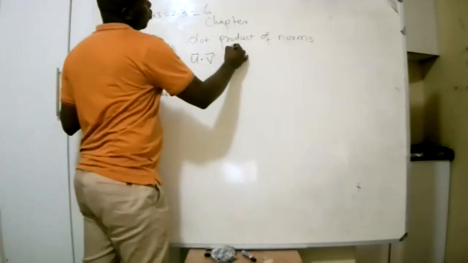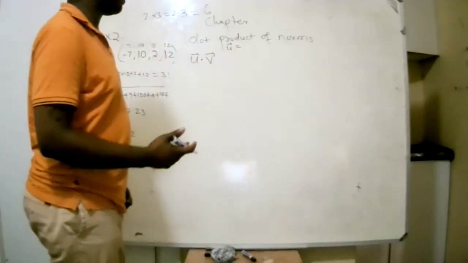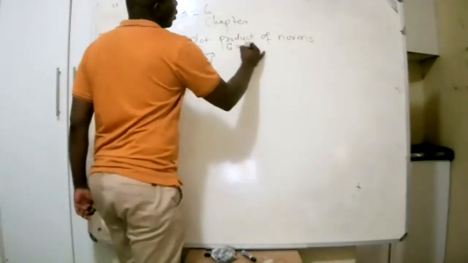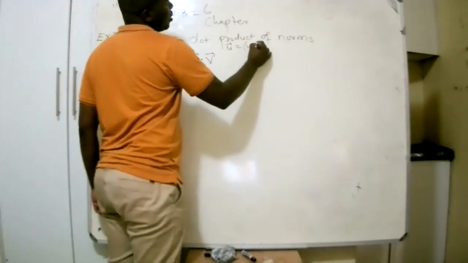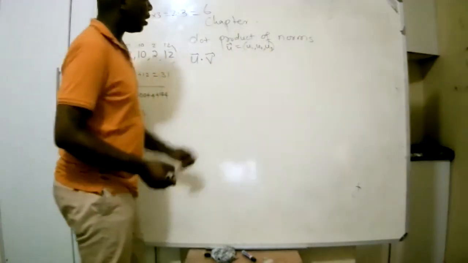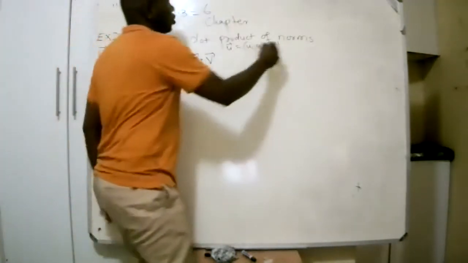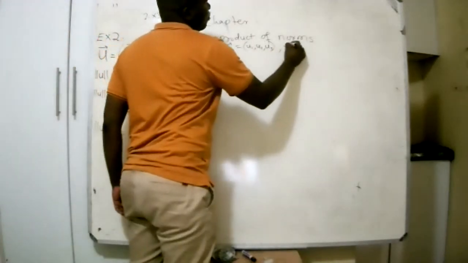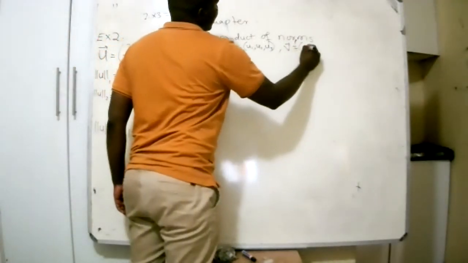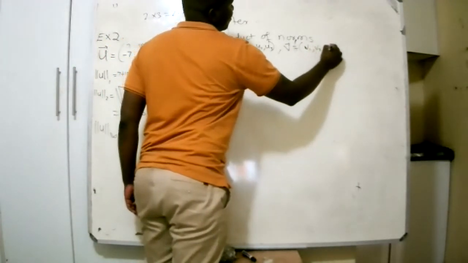Let's say we have two vectors in 3 space. So let's say we have u1, u2, u3. It's not restricted to 3 components; you can go beyond that. And the same with v. Let's say v is given as v1, v2, and then v3.